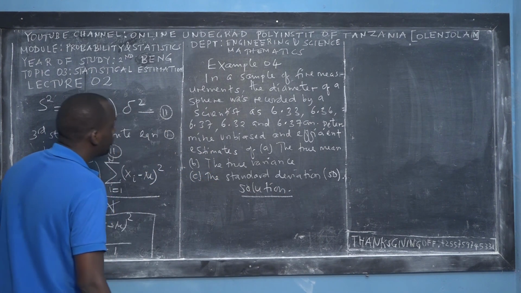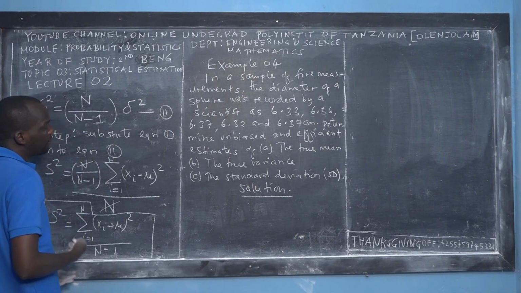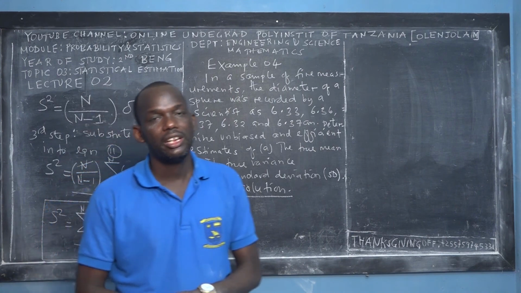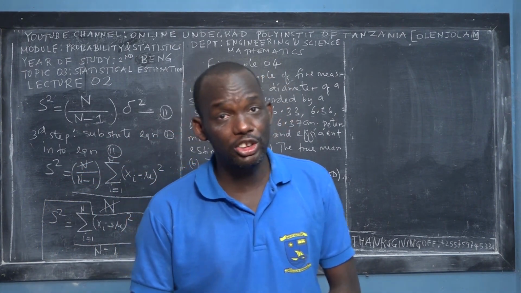Okay. So the first step, we have to find the true mean. The true mean is the mean of sampling distributions of mean.